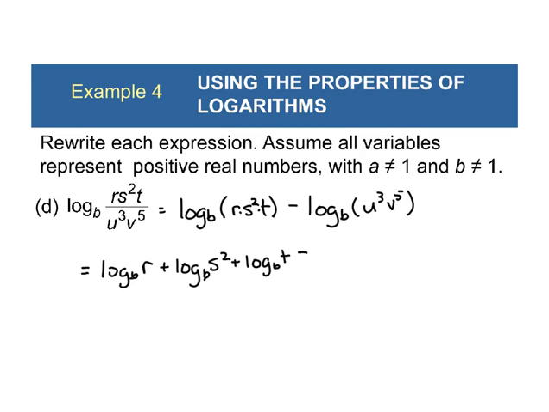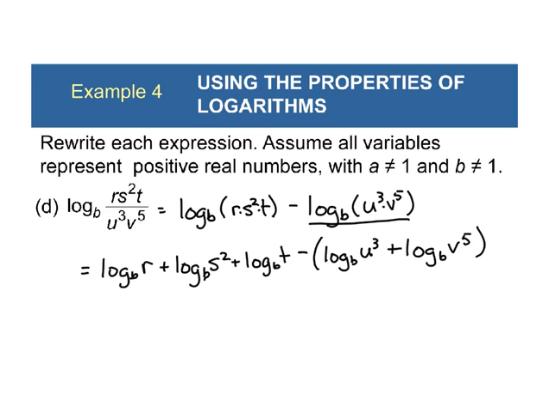And that's going to be minus, and then we're going to put this in parentheses because we're subtracting everything that comes from the expanded form of this. Log base b, again, use that product property, base b of u to the 3rd plus log base b of v to the 5.